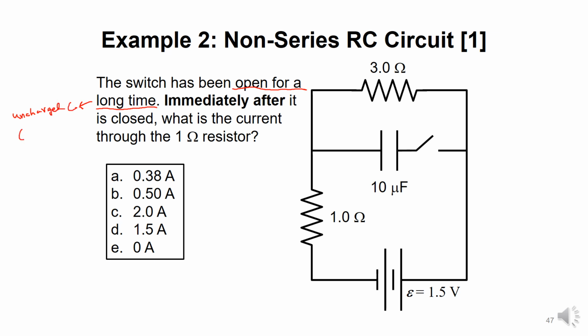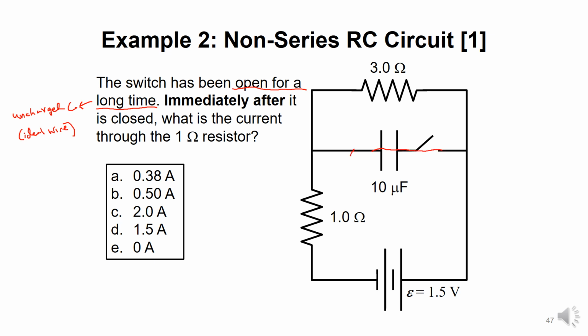An uncharged capacitor behaves like a regular wire, an ideal wire. So immediately when we close the switch, we can replace the capacitor with just a regular wire, something that looks like this.